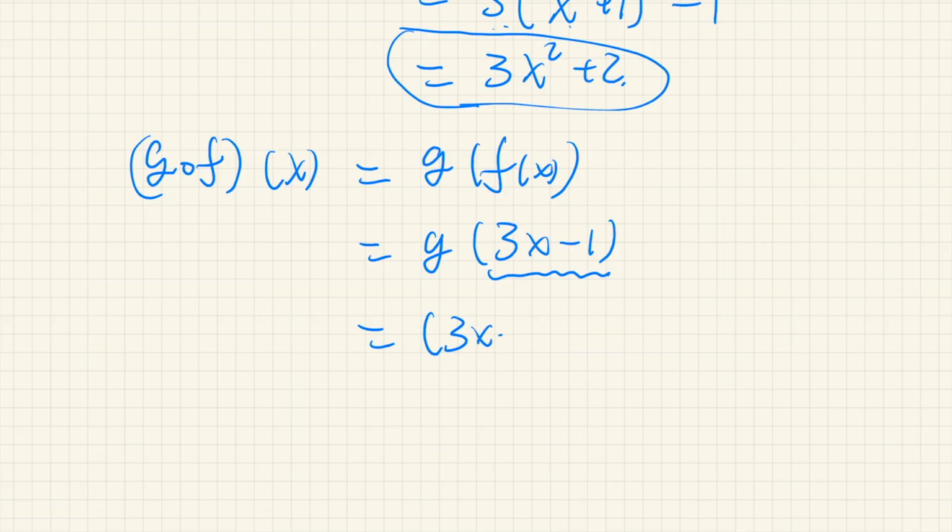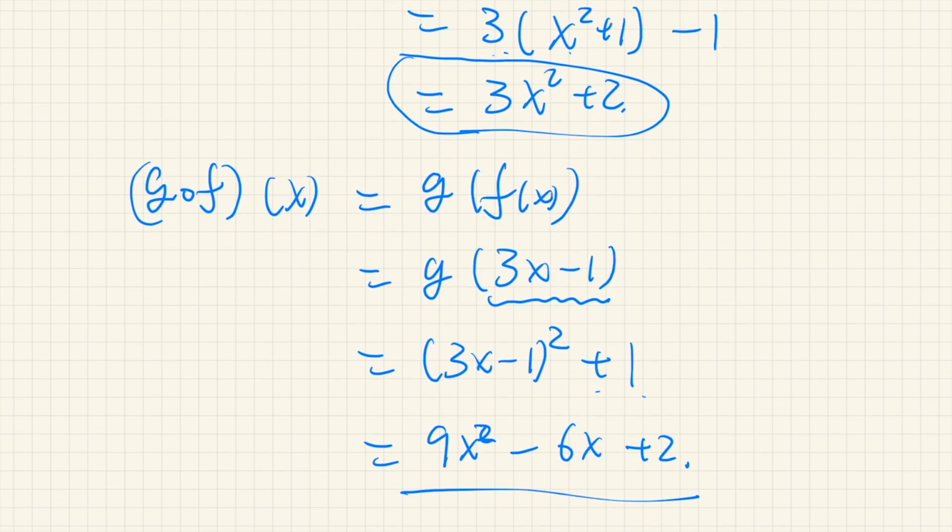So (3x minus 1) squared plus 1. And if we expand this, that is 9x squared minus 6x plus 1 plus 1, so that's plus 2. So depending on the order of composition, the two functions are different in general.